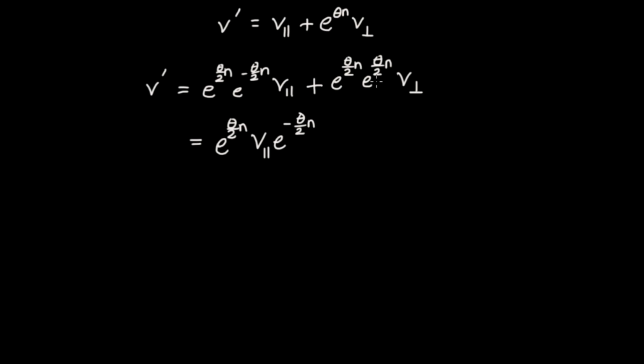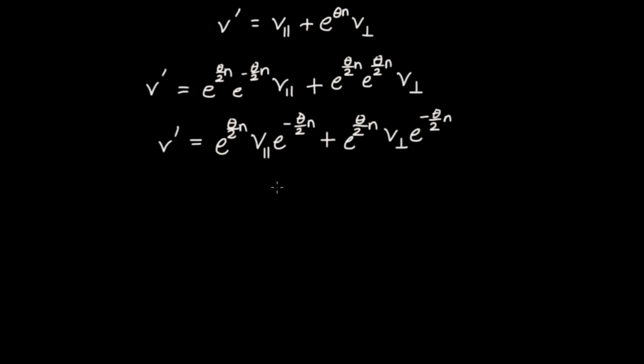And now I'm going to look at this quaternion and this one. Now what I've just found is that when I commute those two, I'm going to have to stick a minus sign there. So I actually get plus e to the theta over 2 times n, v perp, times e to the minus theta over 2 times n.